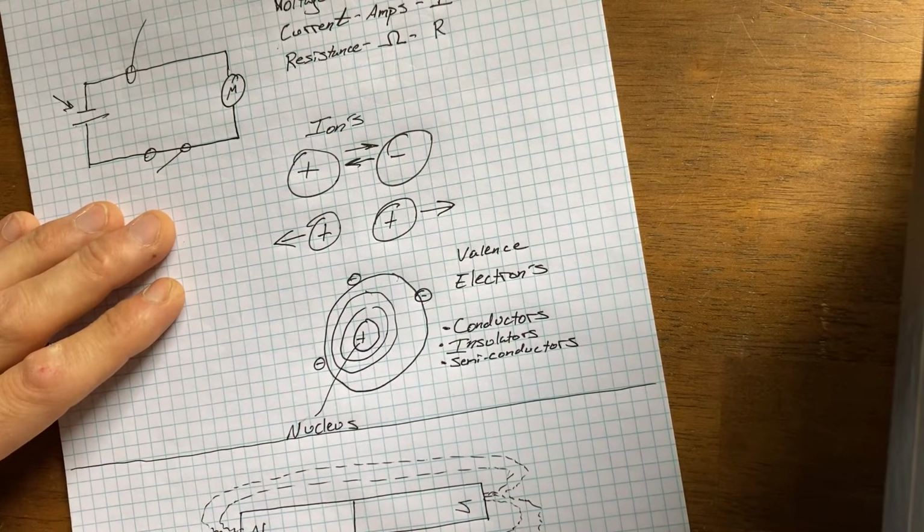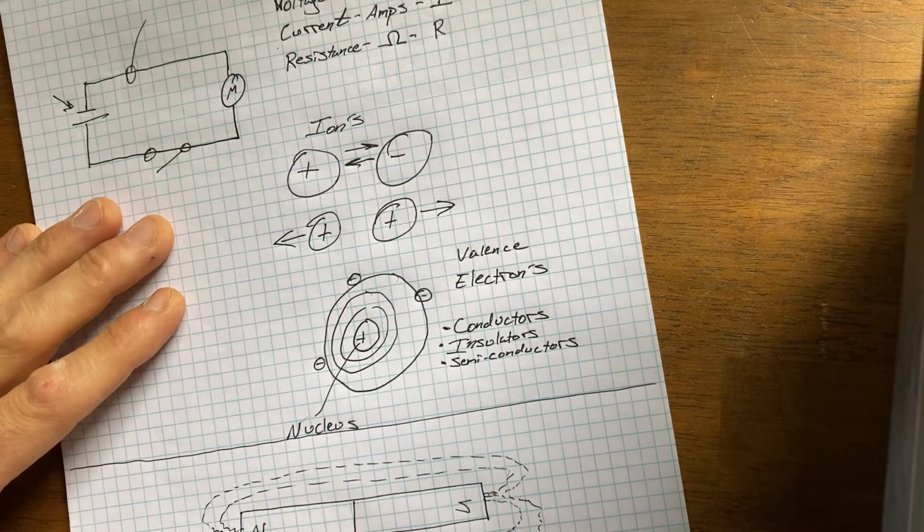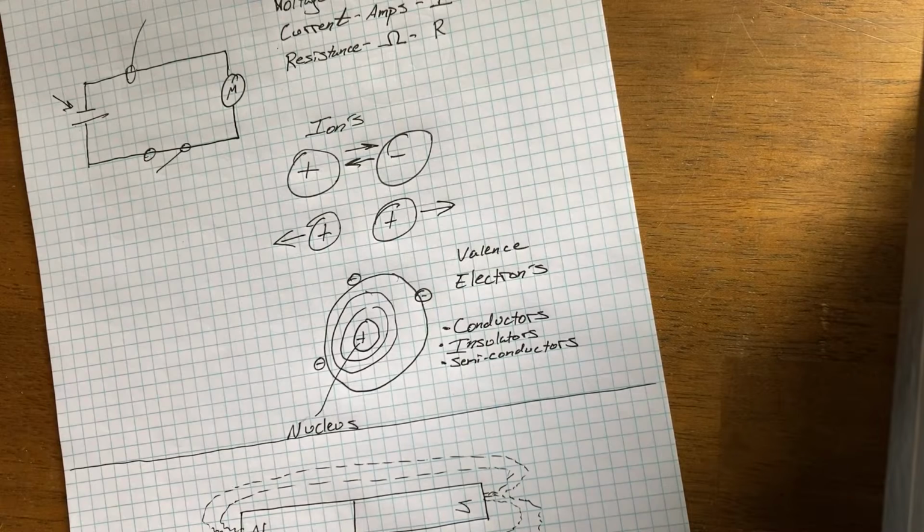So the stronger the magnet is, the stronger these lines of flux are going to be, the stronger that magnetic field is going to be.